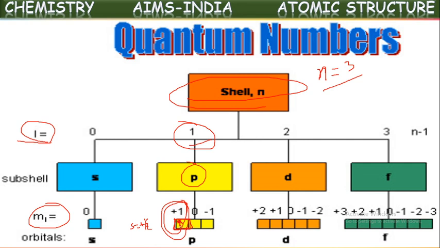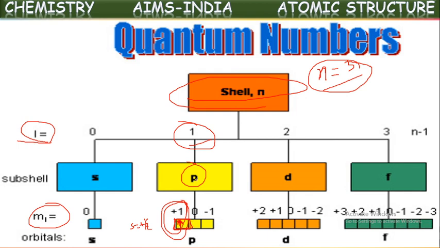So to know an electron's location exactly, we have to know these 4 quantum numbers. First, we have to know the principal quantum number value. By that we can understand in which orbit that electron is located. And if you know the L value, we can identify in which subshell it is located. By using the M value, we can say in which orbital of the subshell that electron is located.